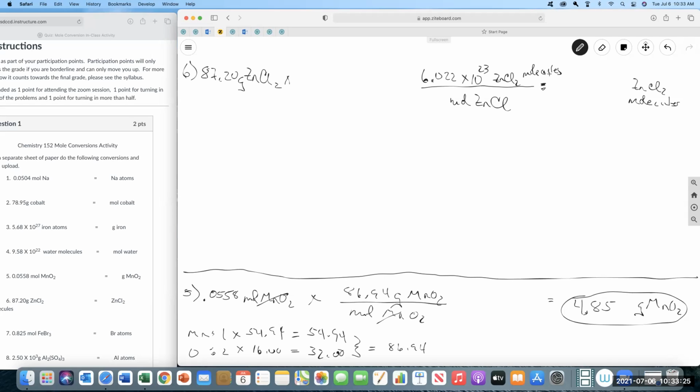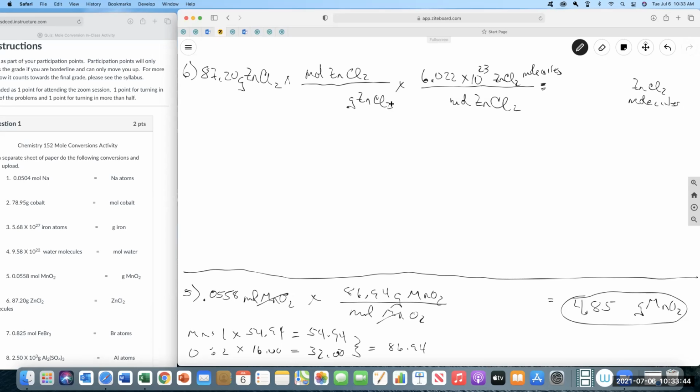All right, so now I've got the right unit in the right place. Now what I need unit-wise is moles of ZnCl2 on the top and grams of ZnCl2 on the bottom. That should be, aha, the molar mass.